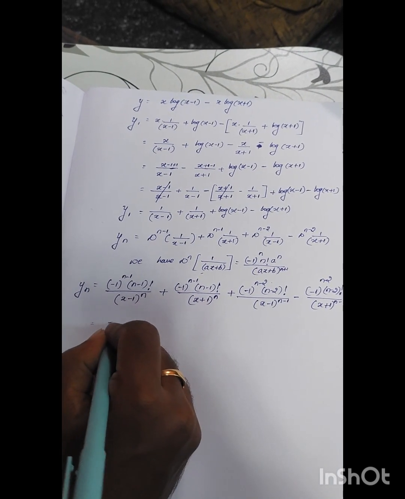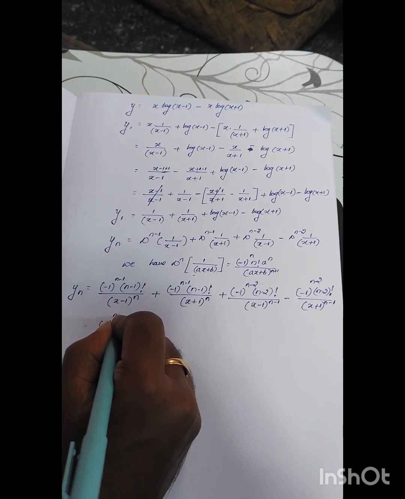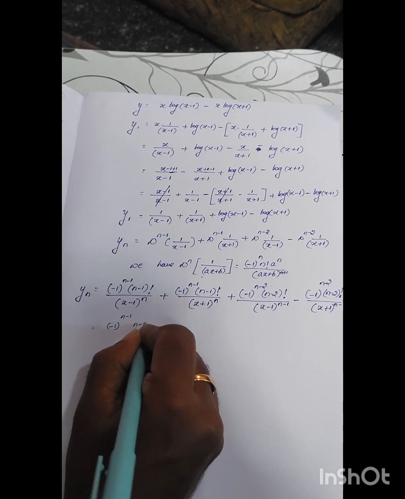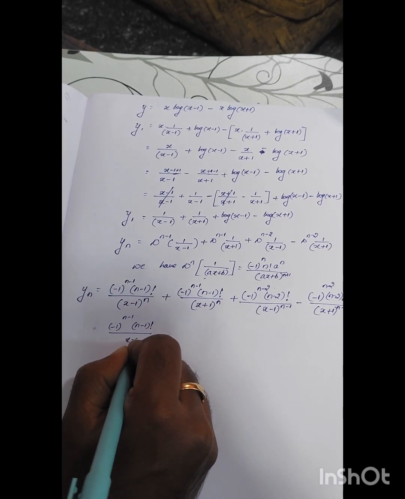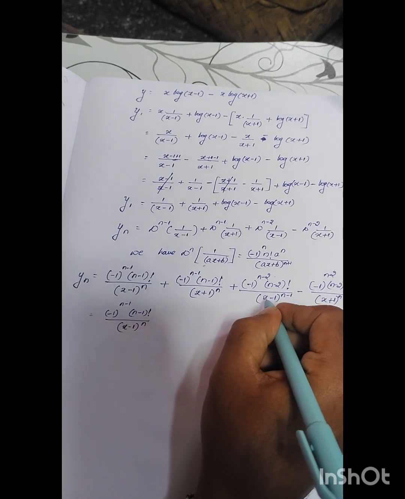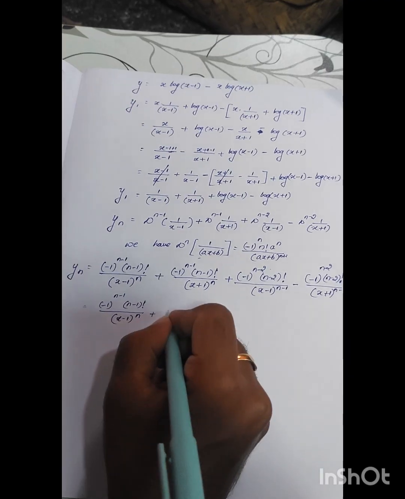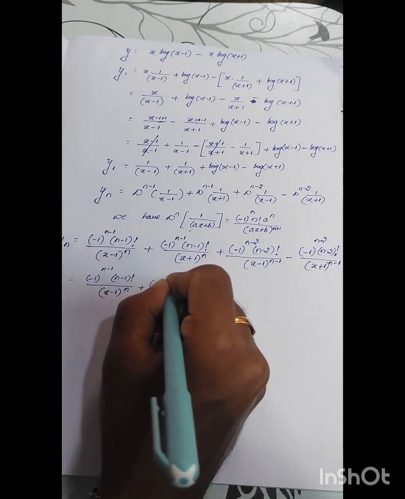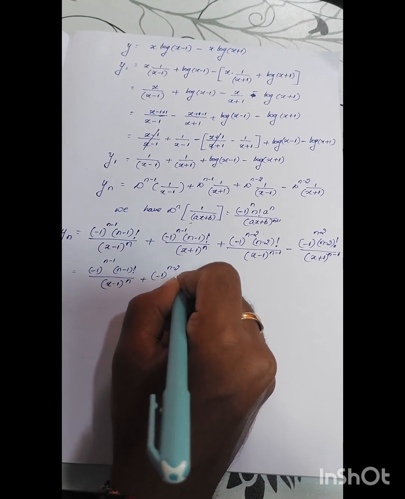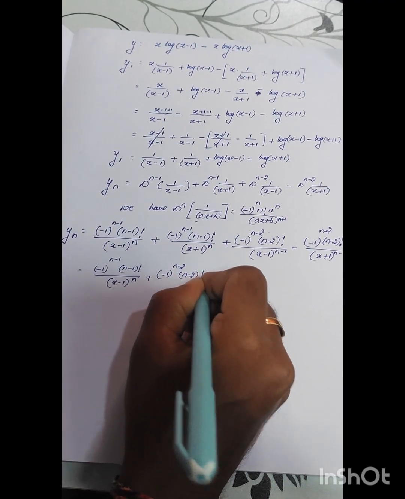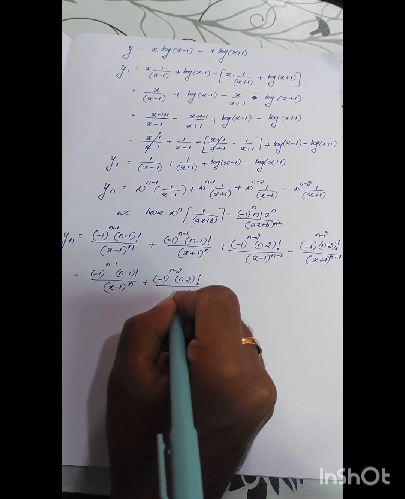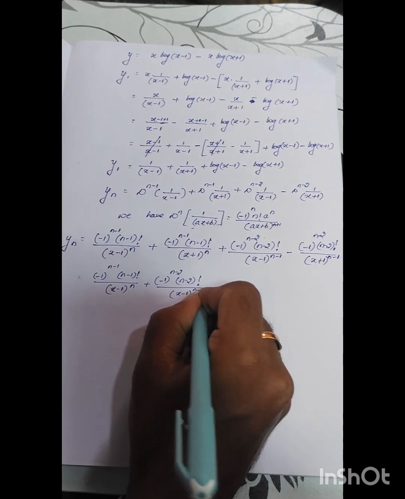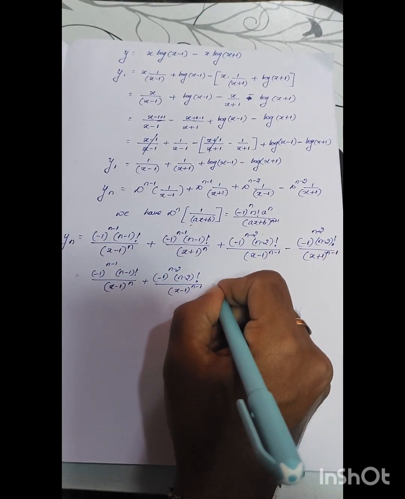So what happens, minus 1 raised to n minus 1 factorial divided by x minus 1 raised to n, and this x minus 1 I will write this side, so this will become minus 1 raised to n minus 2, n minus 2 factorial divided by x minus 1 raised to n minus 1, and this x plus 1 terms I will write this way.